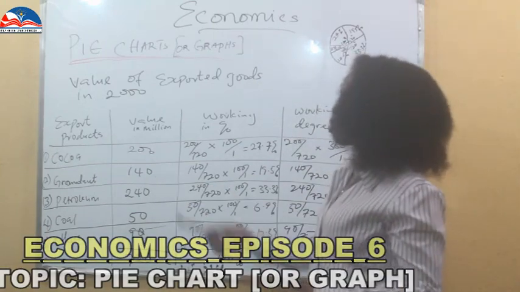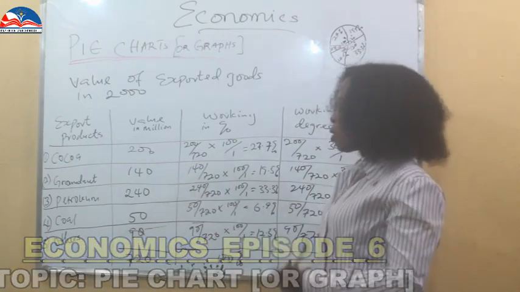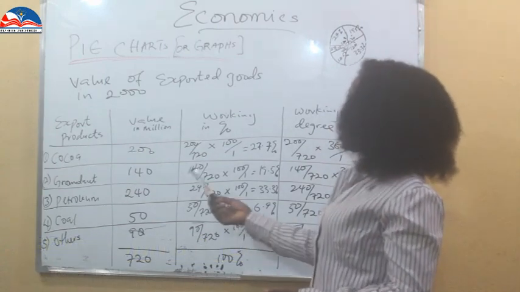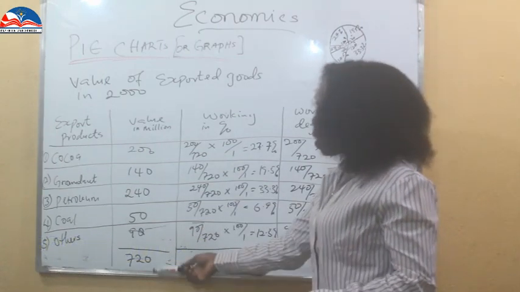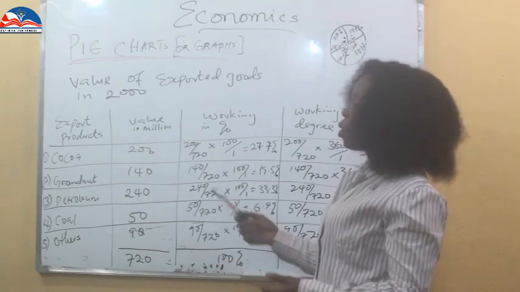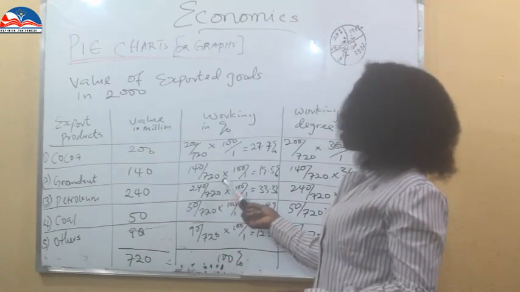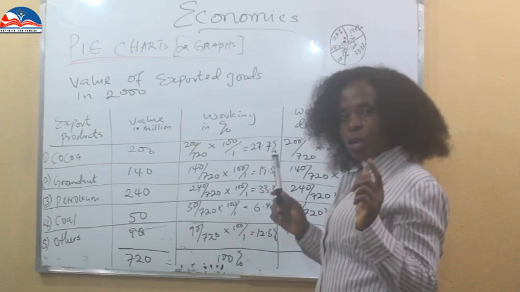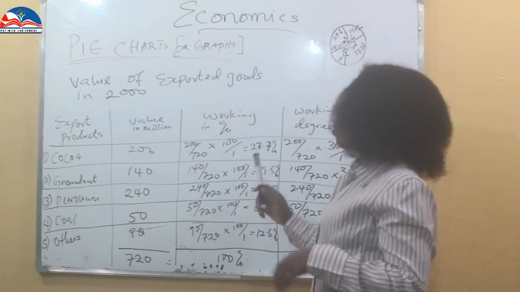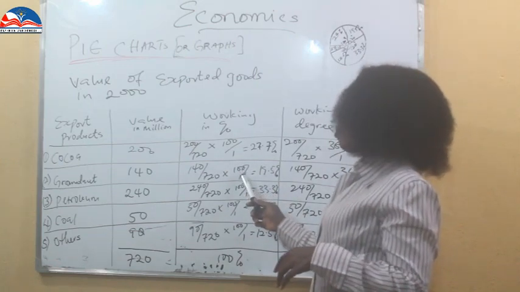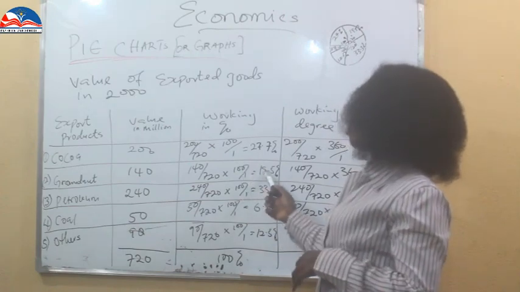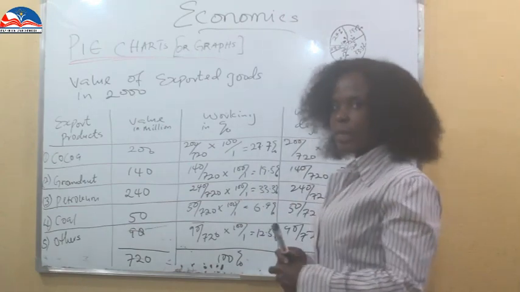Same goes for granite: 140, which is the granite exported, over the total of what is exported, which is 720, times 100 over 1, we'll have 19.5%.